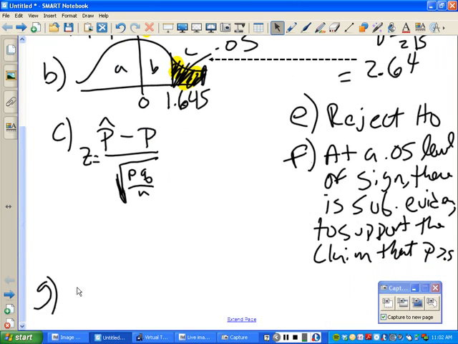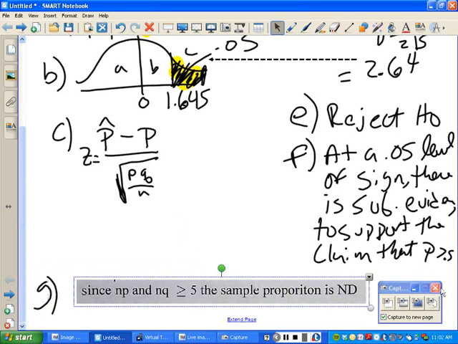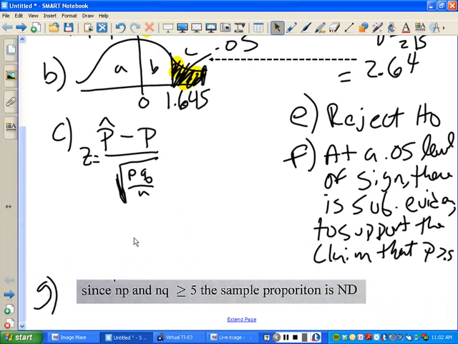For part G, just copy and paste. For those of you asking, can we copy and paste on the test? Negative. No chance.